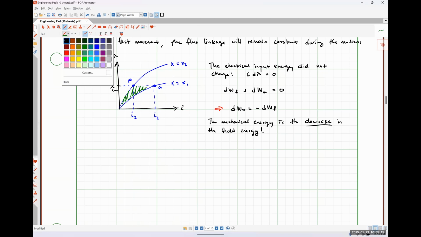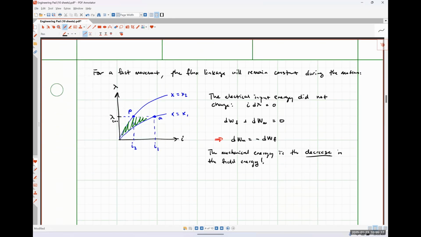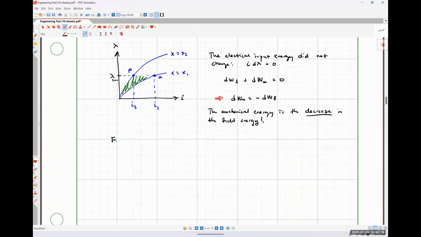And so relating things back to what we did up here, we could say that our mechanical force in this particular case, I'm going to put inside an absolute value sign, so I'm just looking at the magnitude of my force. Okay.